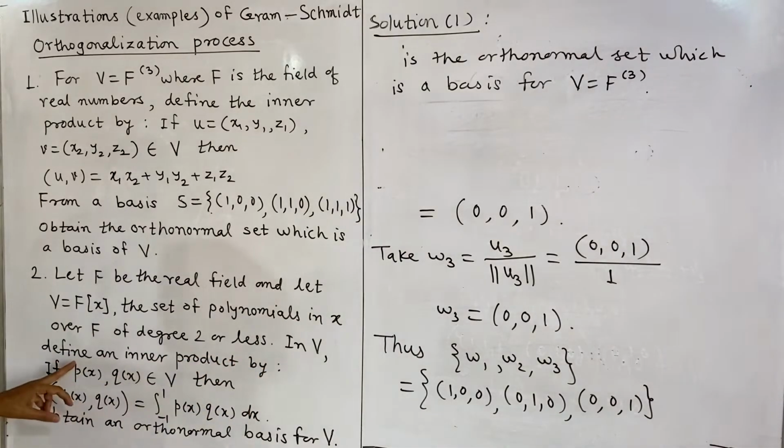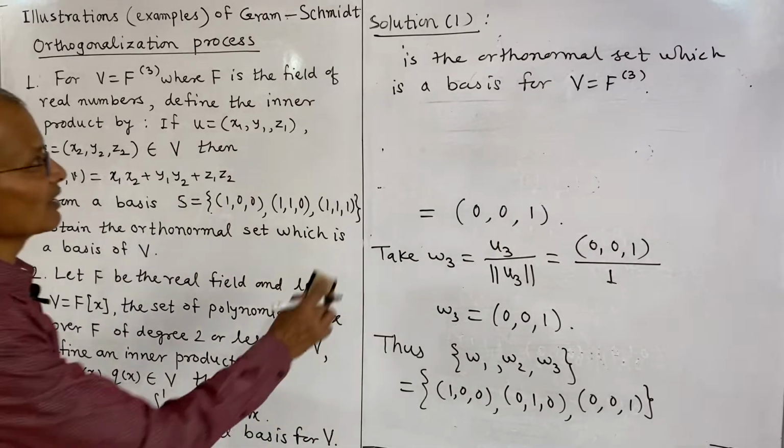In V, define the inner product as follows. If p(x) and q(x) are polynomials in this vector space, then the inner product of p(x) and q(x) is equal to the integral from minus 1 to 1 of p(x) into q(x) into dx. So this is the definition of inner product. Obtain an orthonormal basis for V.